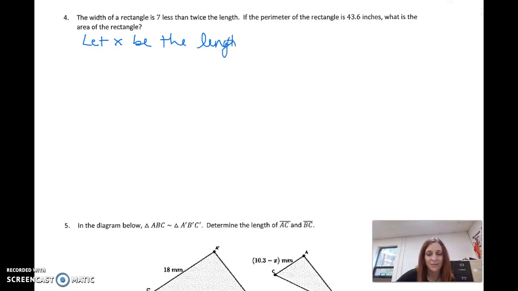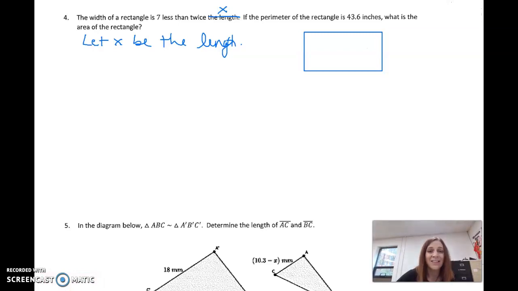And if I do that, and spell length correctly, I can say the width of a rectangle is 7 less than twice x. Now sometimes, guys, I'm not going to lie, it's helpful to draw a picture. Okay, so the rectangle. The width is 7 less than twice the length.